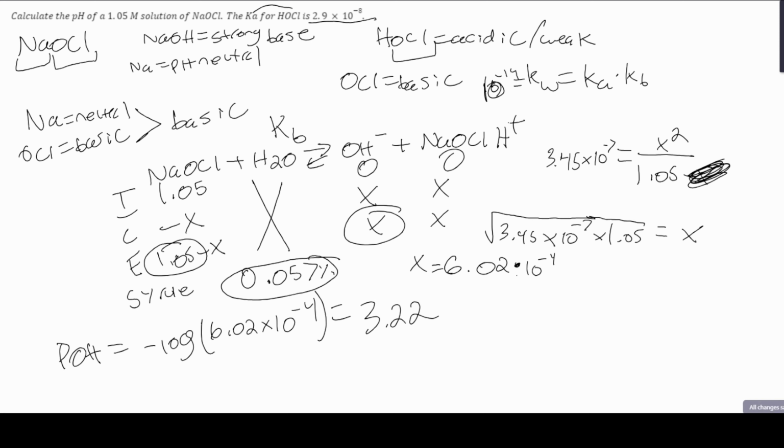Since that's our pOH, we're going to need to subtract this number from 14. So 14 minus 3.22 is equal to 10.78. So that means that pH is equal to 10.78.